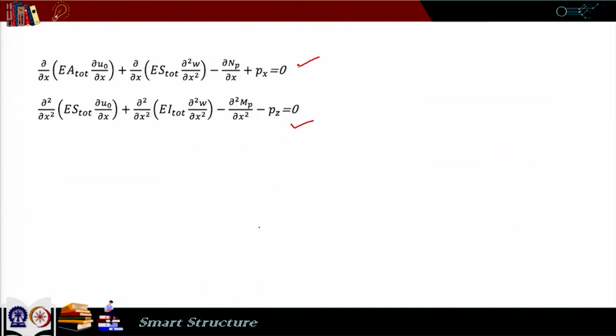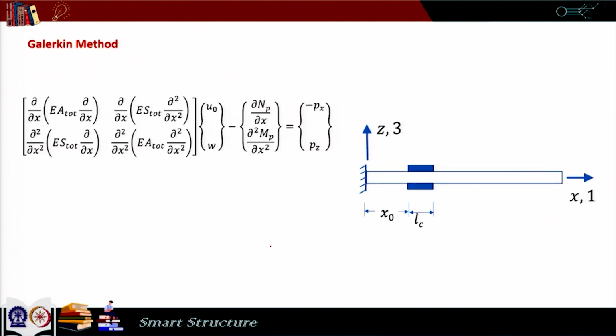Here it is written in terms of u 0 and w, and from there we get these two equations. Now, we will see using these two equations how we can get the solution to the problem.